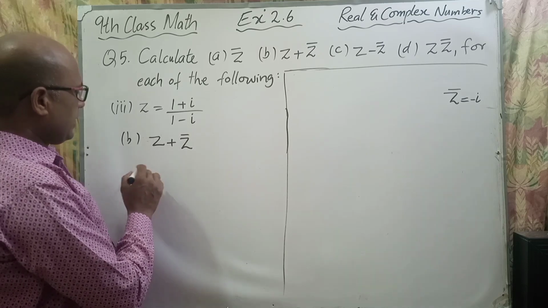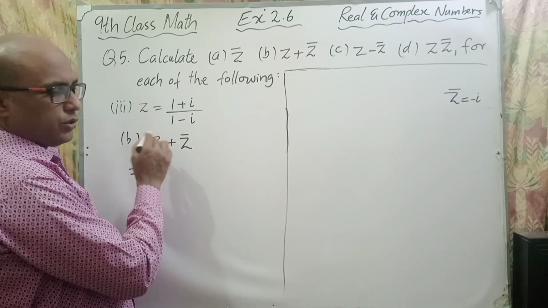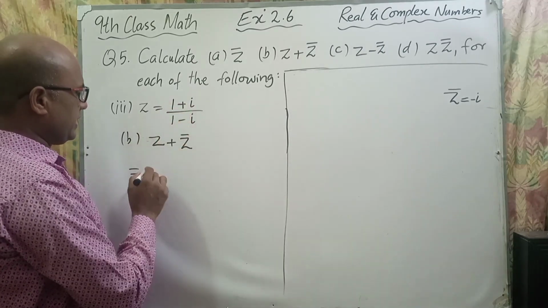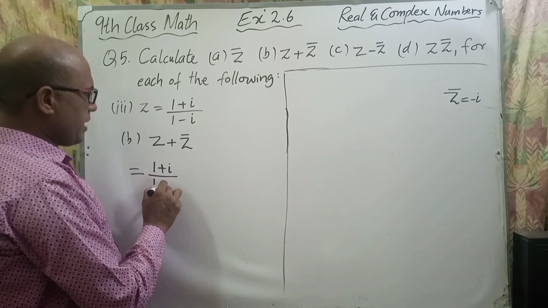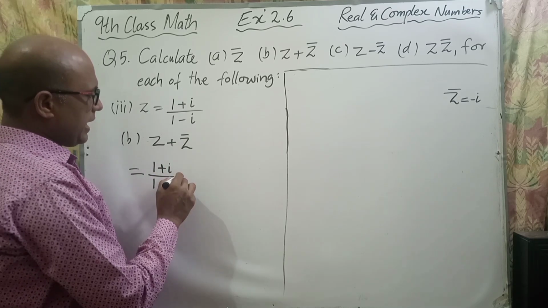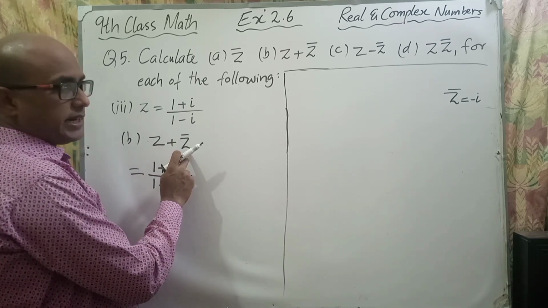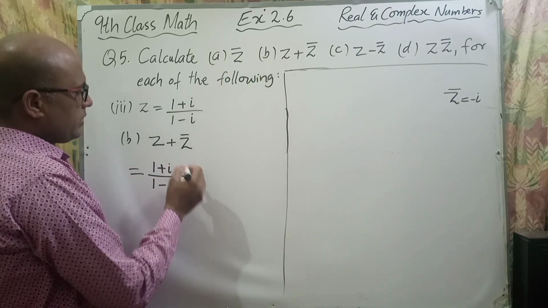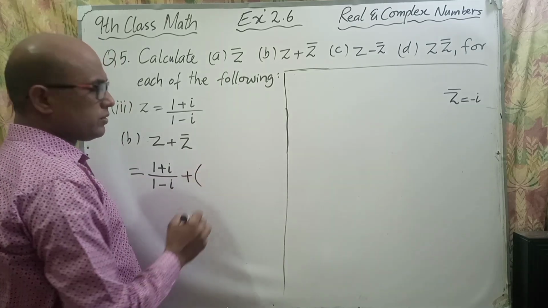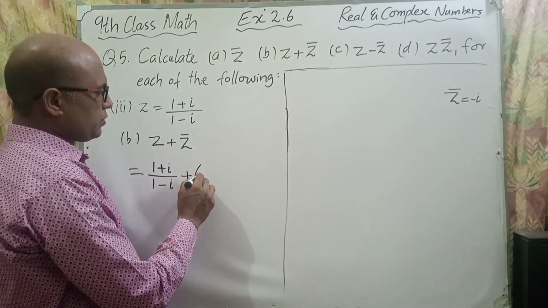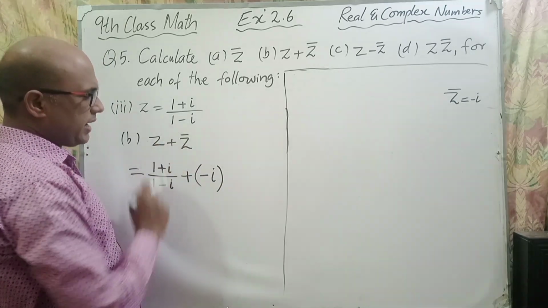So first of all, we'll write the equal sign, and we'll write the given value of Z, 1 plus iota over 1 minus iota. And secondly, we'll add, according to B part, the value of Z bar. So we'll put a bracket to write minus iota in place of Z bar.